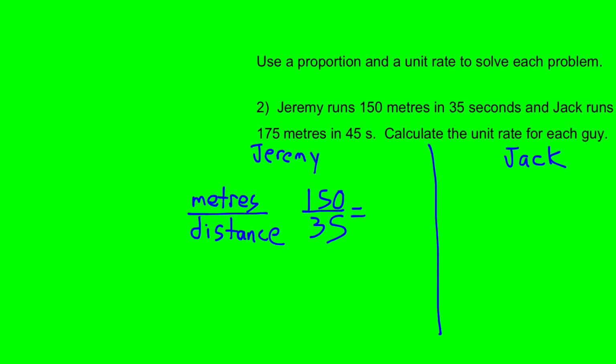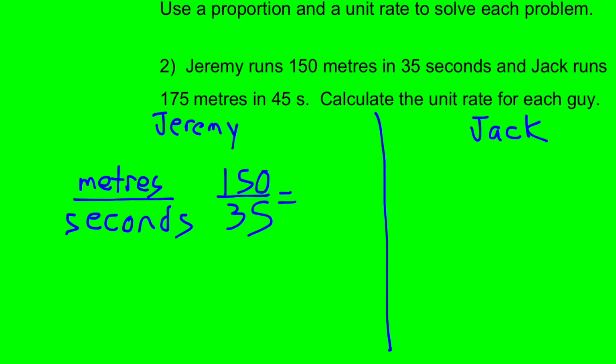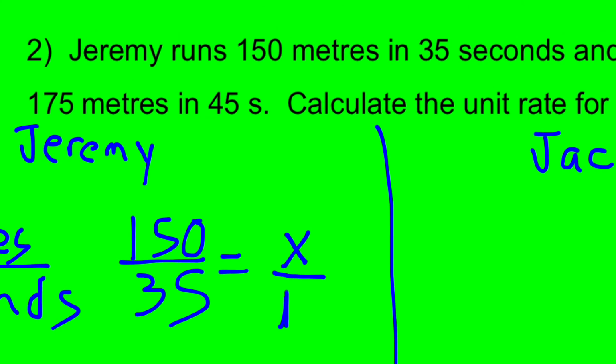Oh, and I made a little error here. There should be meters and seconds. So we want to calculate how far Jeremy runs per 1 second, his meters per second. So x is his meters. Let x equal meters.